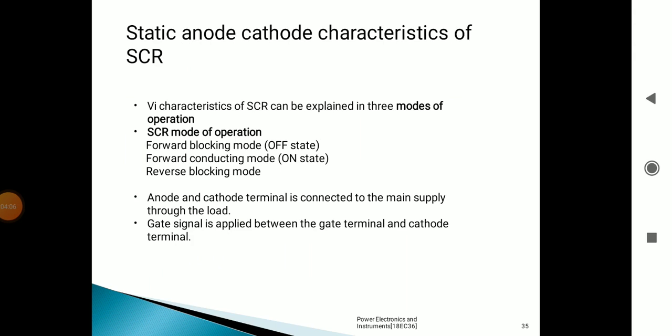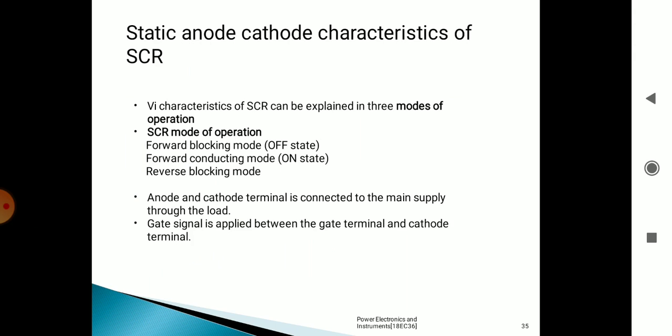VI characteristics of SCR can be explained in 3 modes of operation. The SCR modes of operation: the first one is forward blocking mode, forward conduction mode, and the third one is reverse blocking mode. Anode and cathode terminals are connected to the main supply through the load. Gate signal is applied between the gate terminal and the cathode.